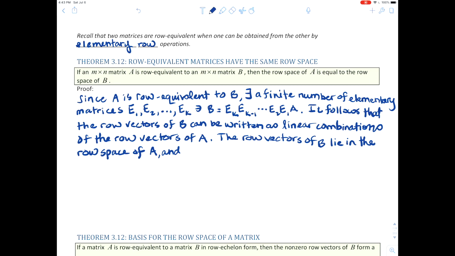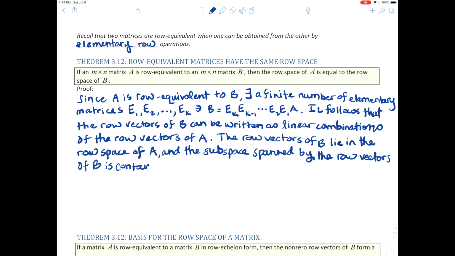The subspace spanned by the row vectors of B is contained in the row space of A.